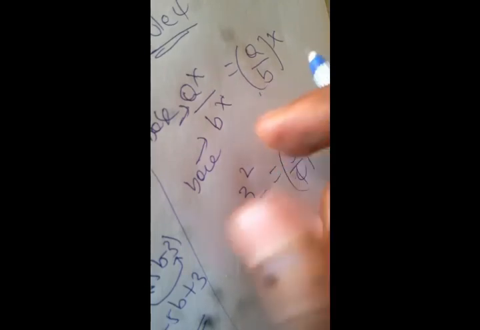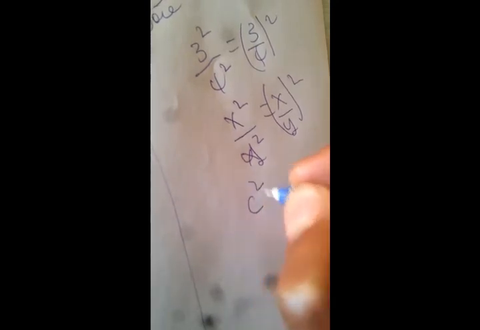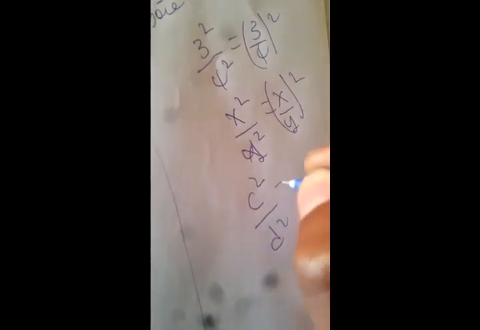From which property? This property. X square over y square can also be written as (x over y) the whole square. C square over d square can also be written as (c over d) the whole square.